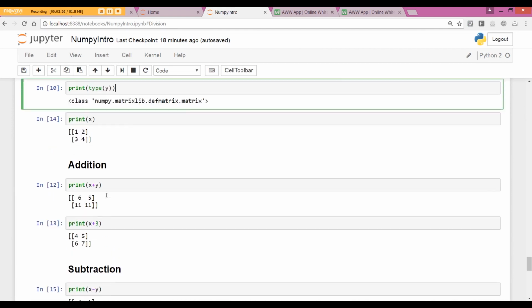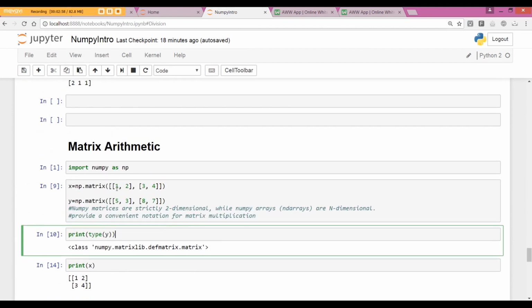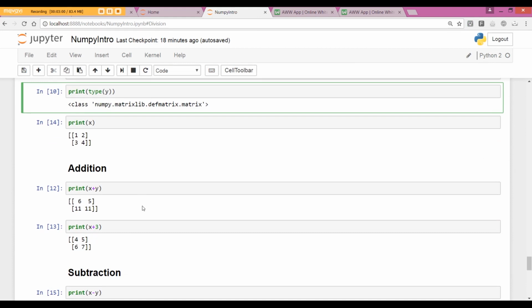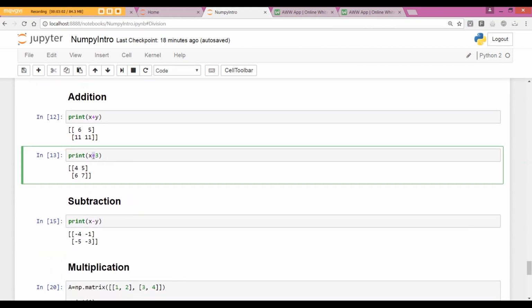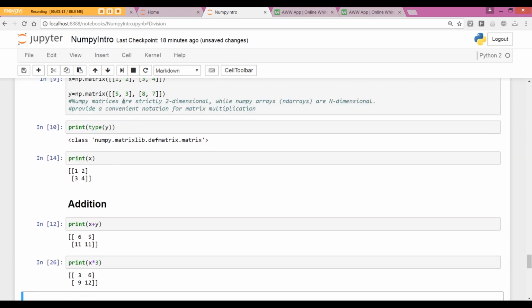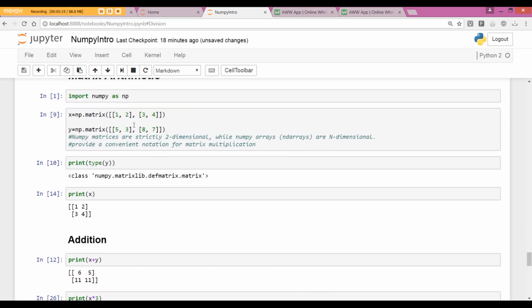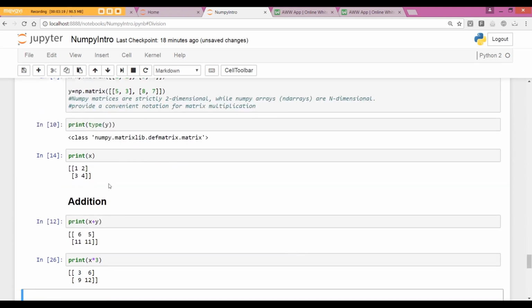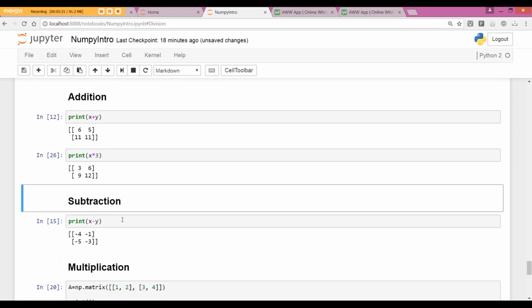So x plus 3, 1 plus 3, 2 plus 3, and so on. And the same happens in the case of scalar multiplication. 3 was multiplied by all the elements of this particular matrix, 1 into 3, 2 into 3, 3 into 3, and so on.